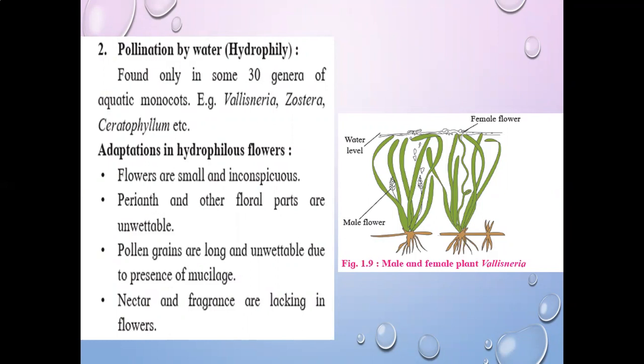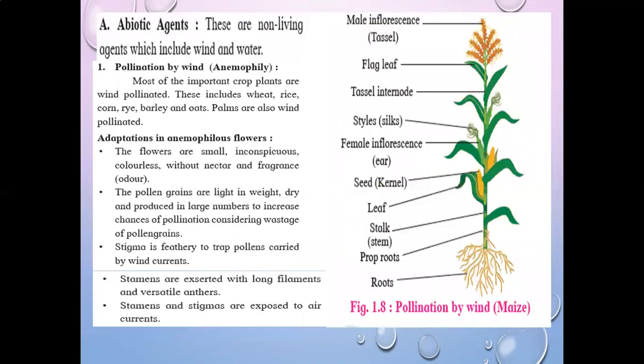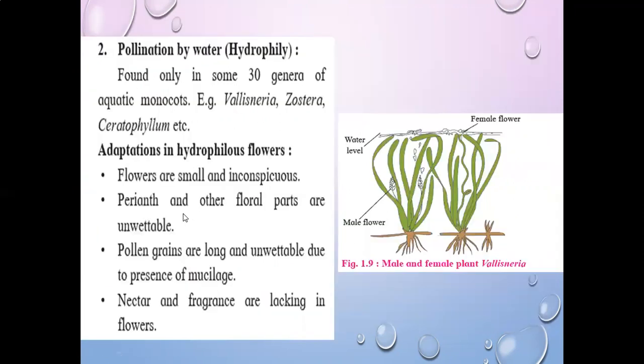Now today's point is pollination by water, that is hydrophily, and pollination by wind is anemophily. There are some adaptations in plants for pollination by wind. Now what is hydrophily?